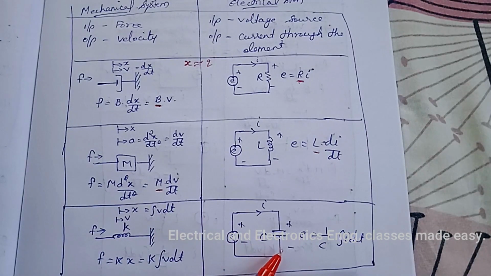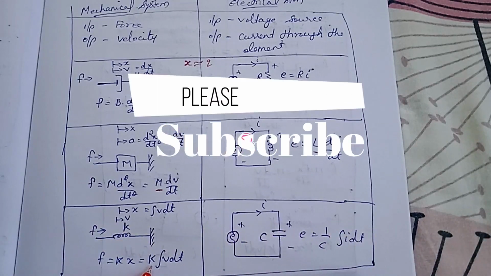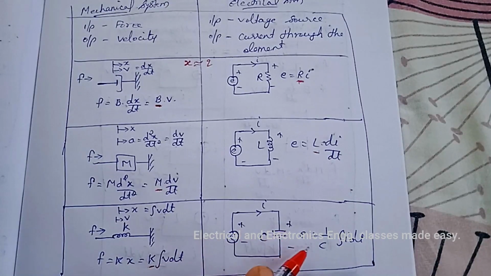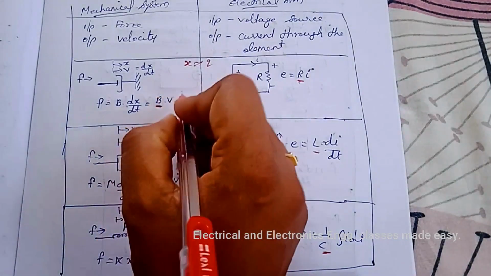And in electrical system, in the case of capacitor, we have E is equal to 1 by C integral I dt. So the stiffness of spring K is analogous to the reciprocal of capacitance, that is 1 by C. K is equal to 1 by C.